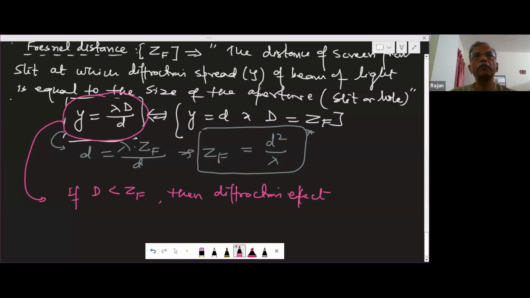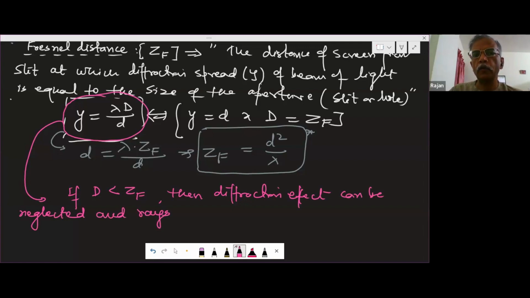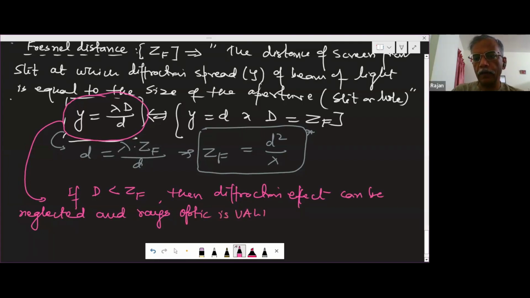If diffraction is not there, then they are on a straight line. All the rays coming out of the slit are almost parallel to each other and going straight. So ray optics is valid.